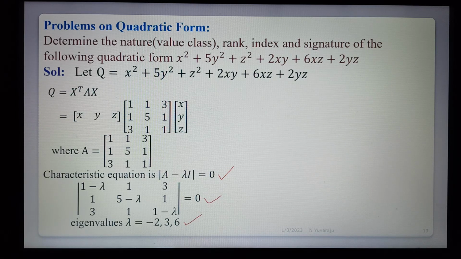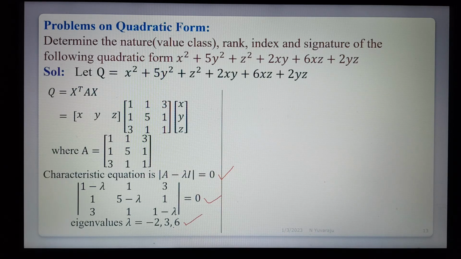Now using the eigenvalues we have to find the rank, index, signature and nature. The eigenvalues are minus 2, 3, 6, that is, positive as well as negative.